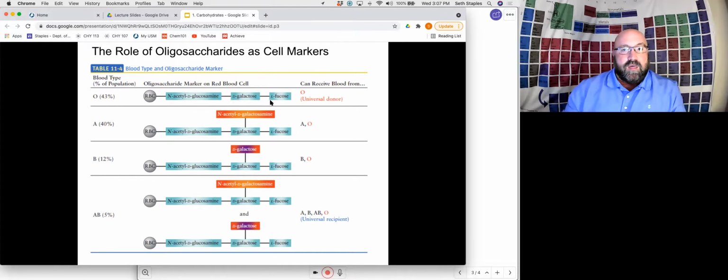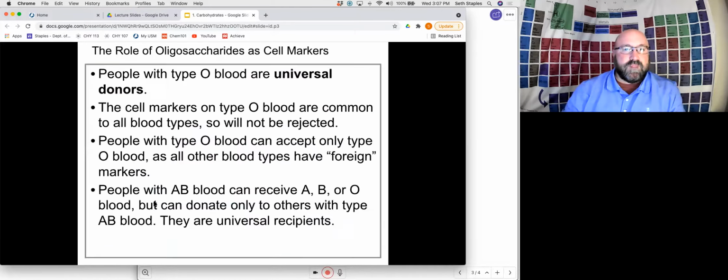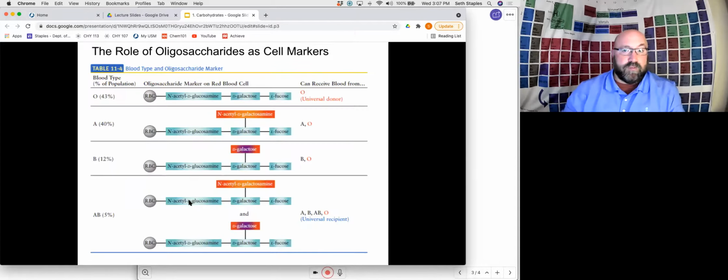All blood types have the same basic chain. People with type O only have that chain. People with type A now also have this other saccharide, N-acetyl D-galactosamine, hanging off it. People with type B have this other type, another D-galactose hanging off this D-galactose. And then people with AB have both of those.